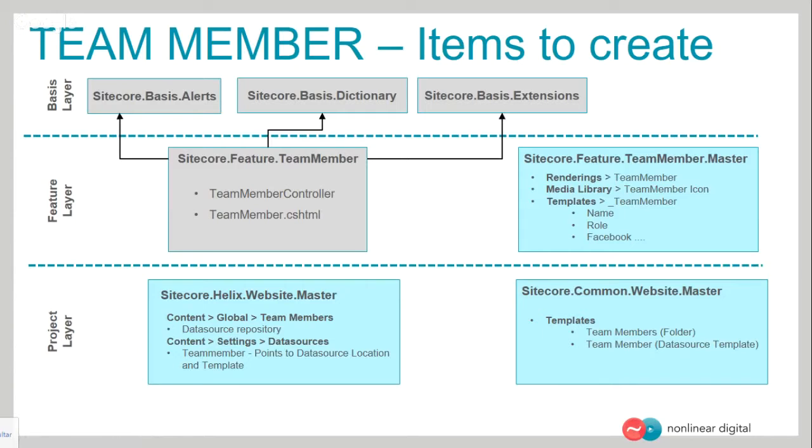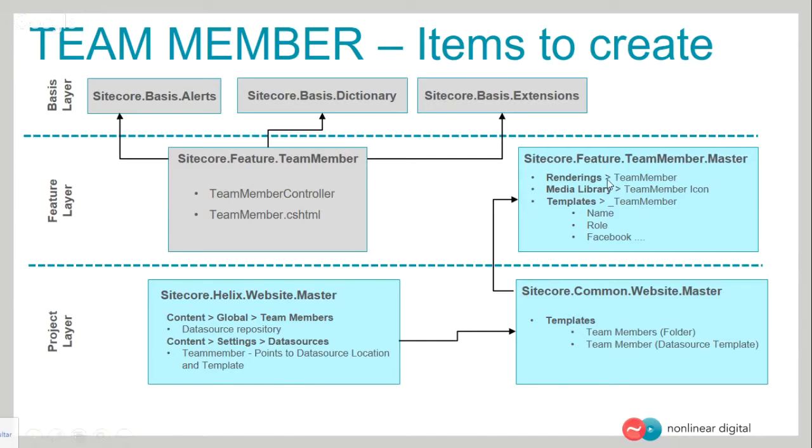So the team member references the three base projects. The Sitecore website master inherits and points to the template itself because it creates items based on that template, correct? The Sitecore common website master points to that template in the team member master because it inherits from that.